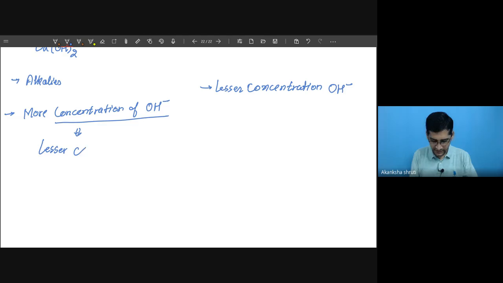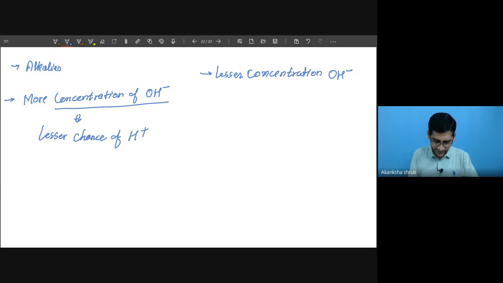It means if we make a scale based on H plus only, then its value will be very less.